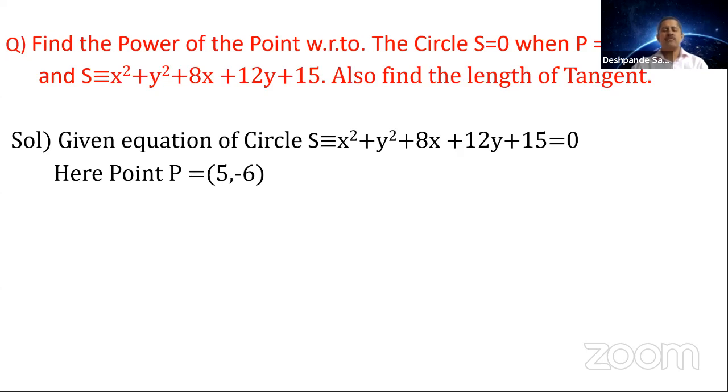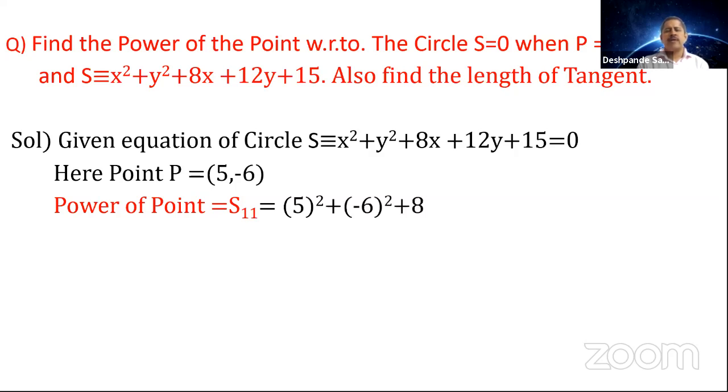Just put x1 value as 5 and y1 value as minus 6. You get the power as S11 is equal to 5 square plus minus 6 whole square plus 8 into 5 plus 12 into minus 6 plus 15. So here you can say this, calculate and tell me the answer.